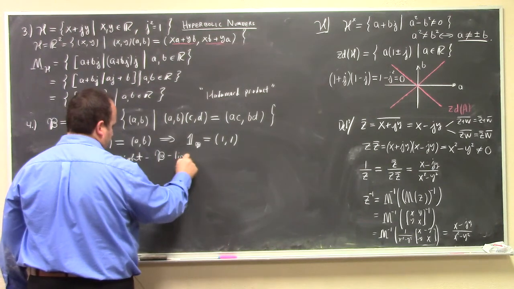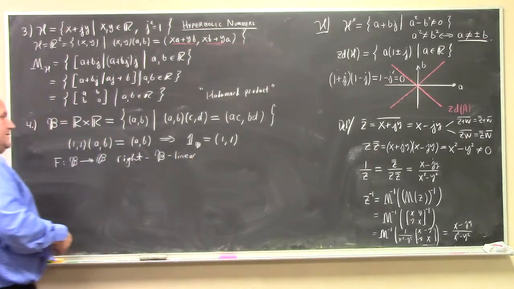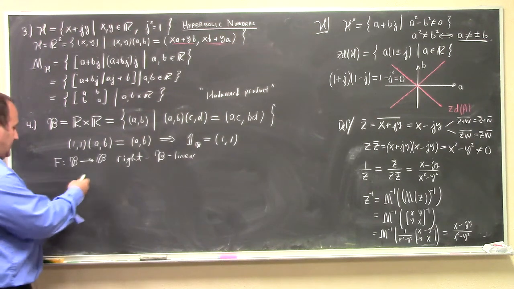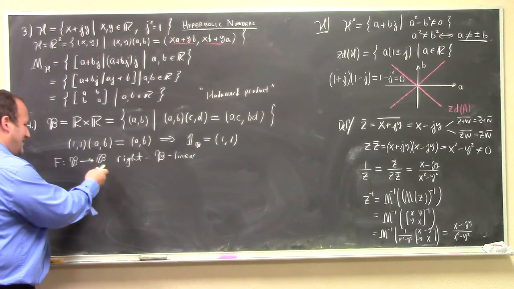You run into a problem fast, because our basic principle that the identity is one of the basis elements is not met here. So just assume F is linear. Let's see here.